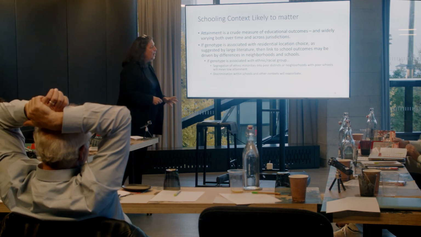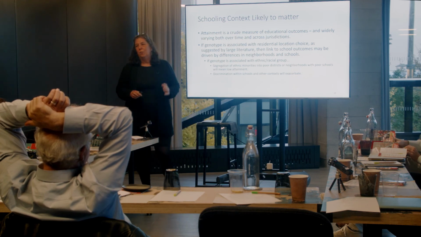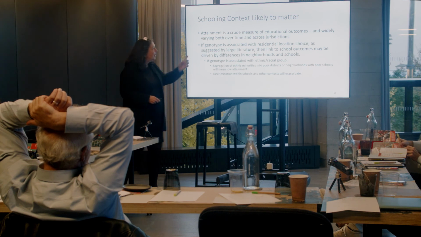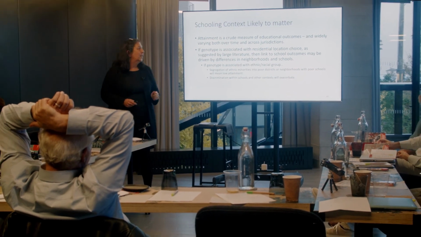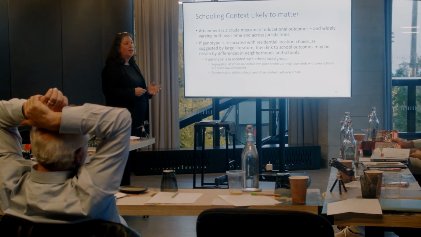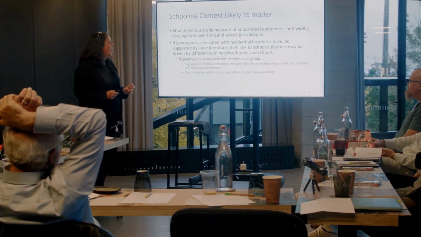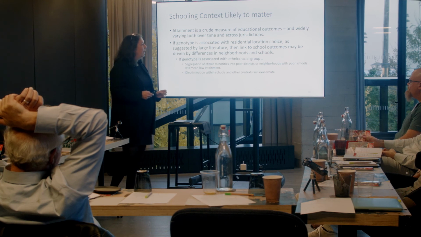Now, every time I read one of these things about the relationship of blah, blah, blah with attainment, I wanted to send you this slide. School context is going to matter a great deal. It turns out attainment is a pretty crude measure of educational outcomes. It's true people use it all the time, but I think nobody's happy about that.